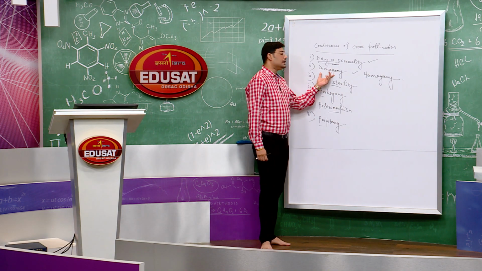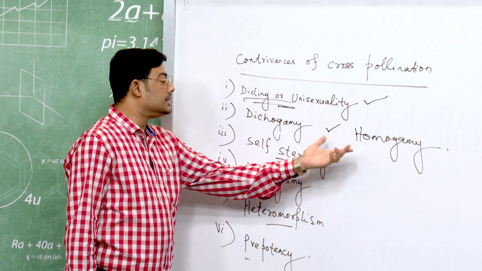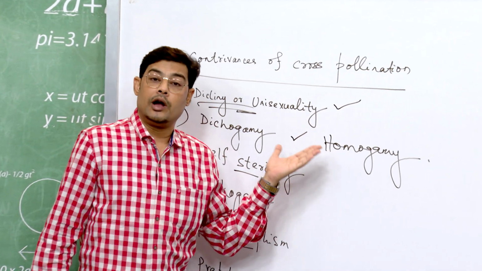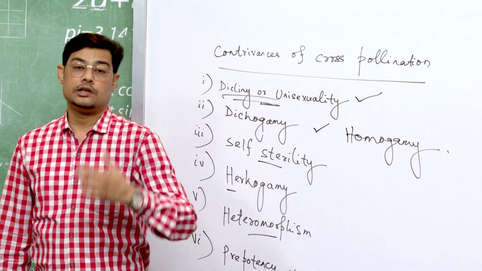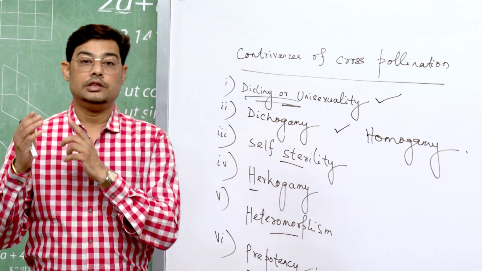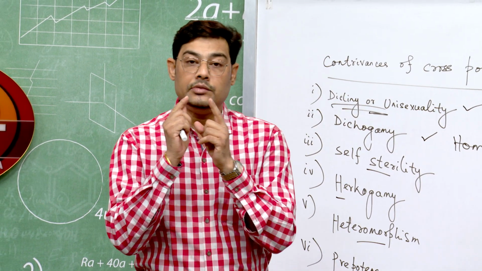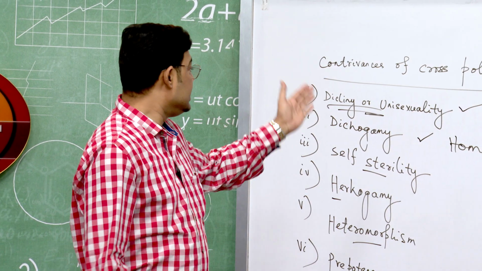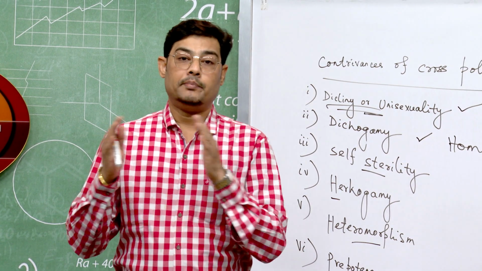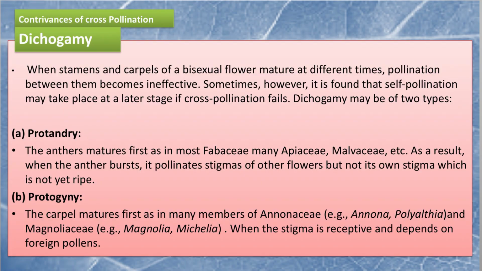So, this is something about dicliny or unisexuality. Next, moving to dichogamy. As I said, this is just the opposite of homogamy. Homogamy, what we have discussed in self pollination, is where the male part and female part both mature at the same time. But here in dichogamy, the male part and female part mature at different times. When the male part matures first, we call that protandry, the protandrous condition.